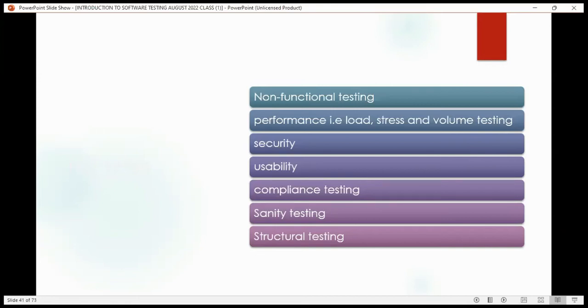So before I go further, let's do another test. In the test that we want to do, please can someone give me, what are the types of testing that we have? Anyone you remember, be typing it. I'll be looking at it.